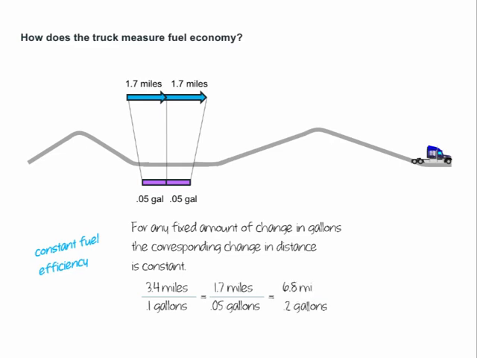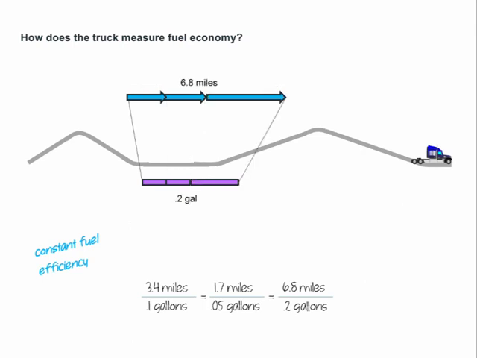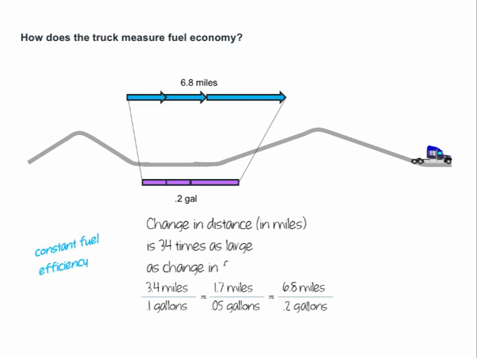Or 6.8 miles for every 2/10 of a gallon. So in this case, another way to describe what it means for the truck to have a constant fuel efficiency of 3.4 miles per 1/10 of a gallon is that the truck's change in distance in miles is 34 times as large as the corresponding change in the amount of fuel consumed in gallons.